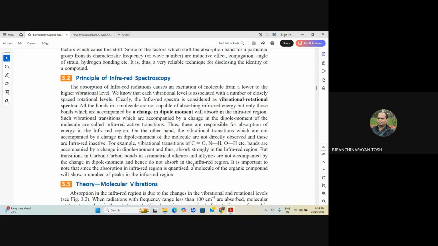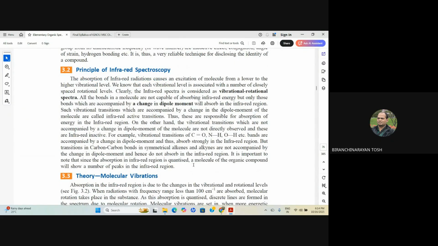Now, what is the principle of infrared spectroscopy? The absorption of infrared radiation causes an excitation of the molecule from a lower to a higher vibrational level. When it moves from one vibrational level to another, each vibrational level is associated with a rotational level also. So infrared spectroscopy is also known as vibrational rotational spectra.